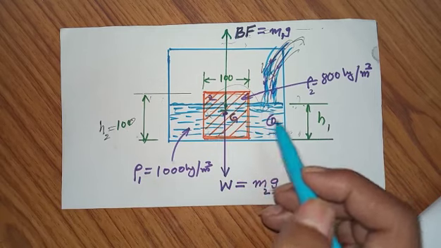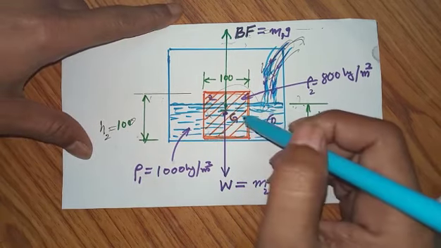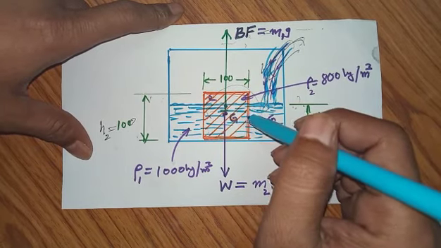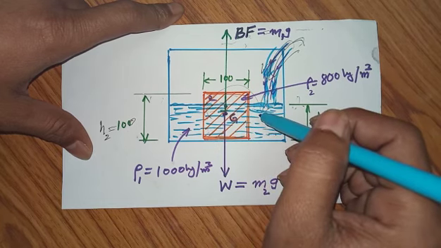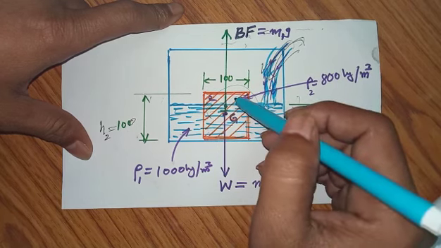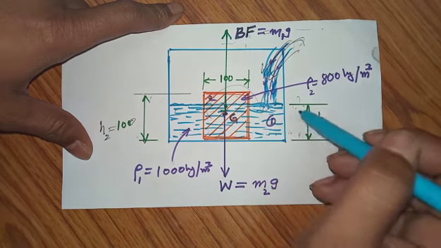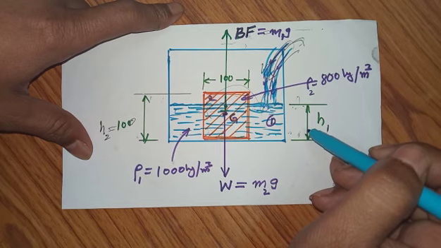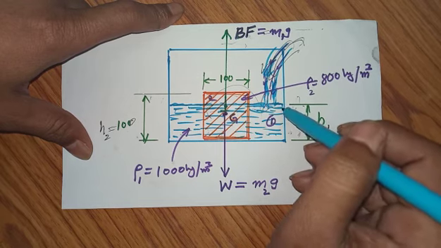So here in this problem, the amount of liquid poured into the container depends on the density of the liquid, the density of the material and the size of the material, and finally the depth of immersion. The depth of immersion is very important. That means the level of the liquid.